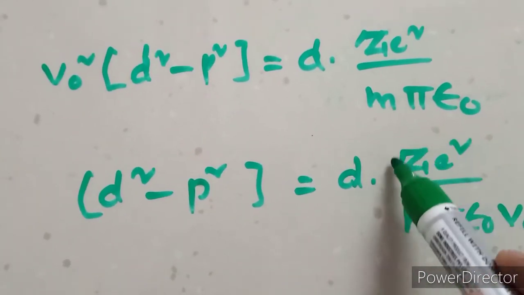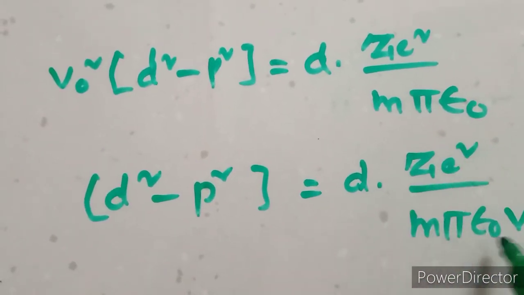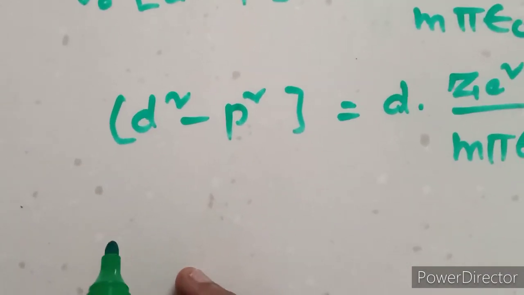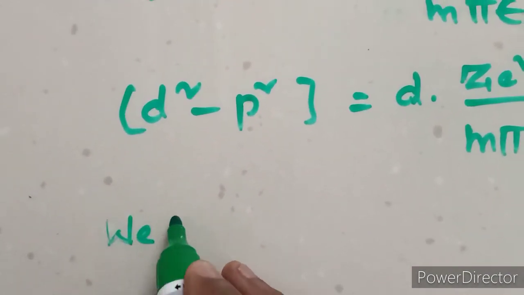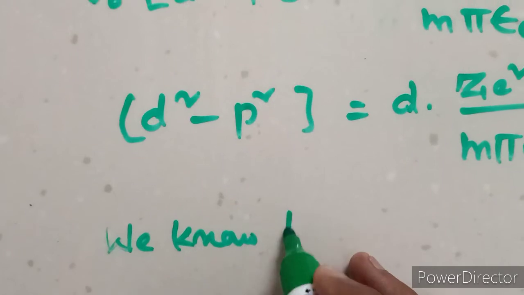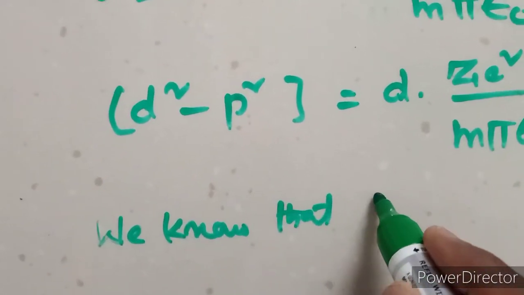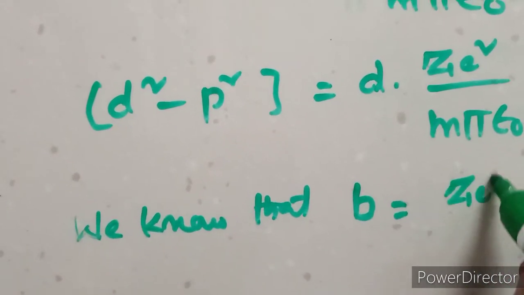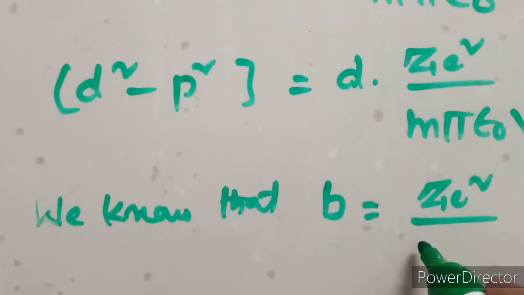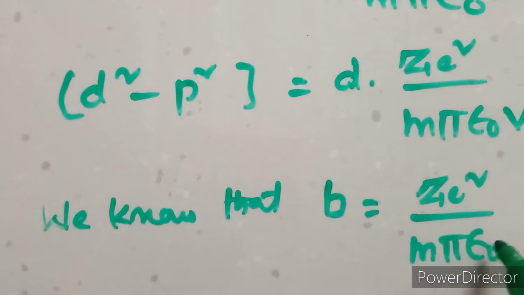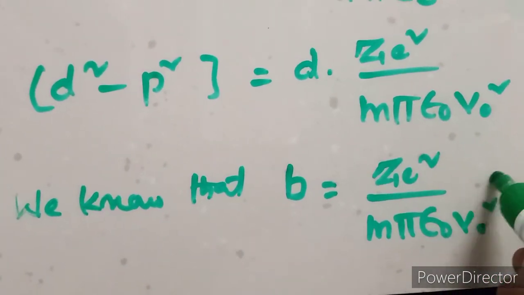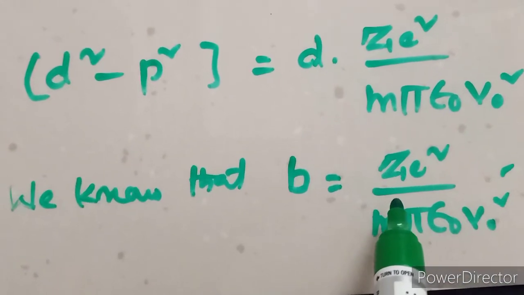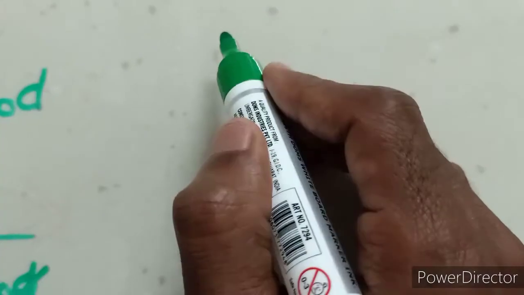So we know that Ze square upon m pi epsilon naught v naught square is the closest distance of approach b. So this is substituted here.